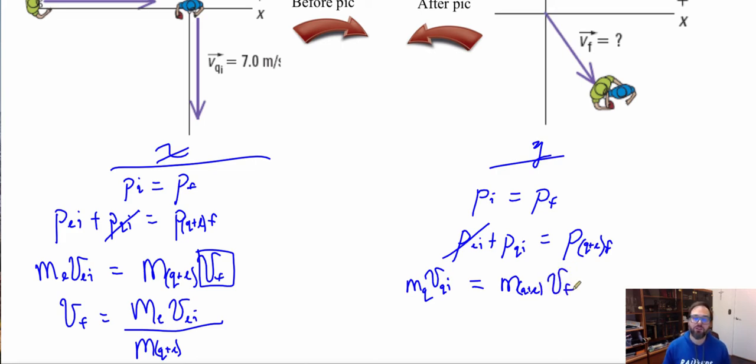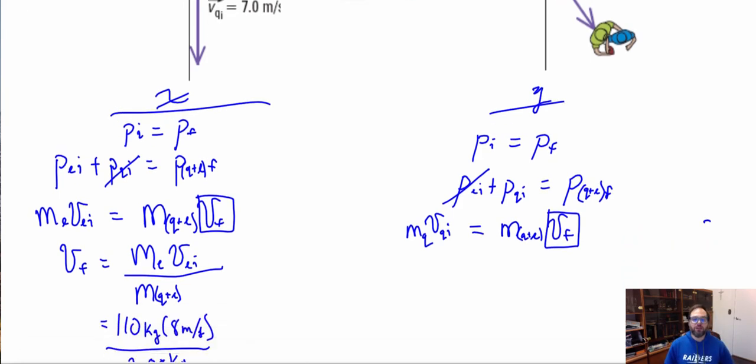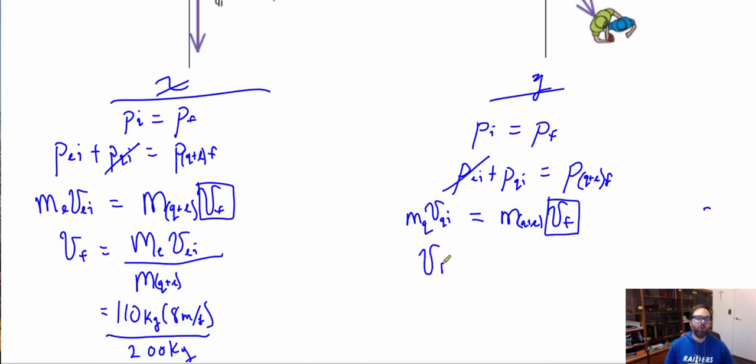Now what I'm trying to do is isolate for VF, my final velocity of the two collided together. So my final velocity is equal to the mass of the quarterback multiplied by the velocity of the quarterback initially divided by the combined mass of my quarterback and linebacker.